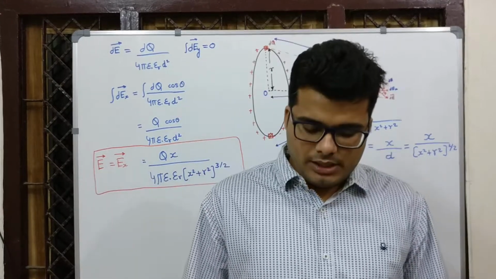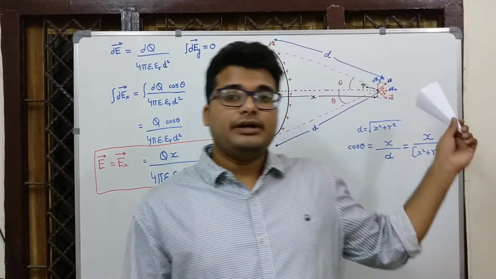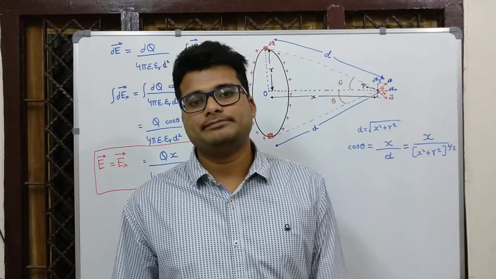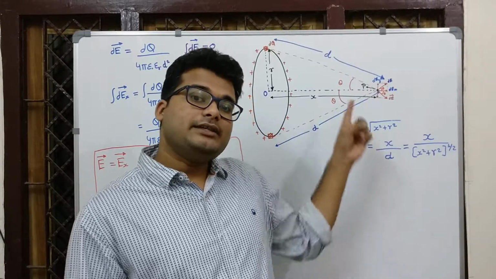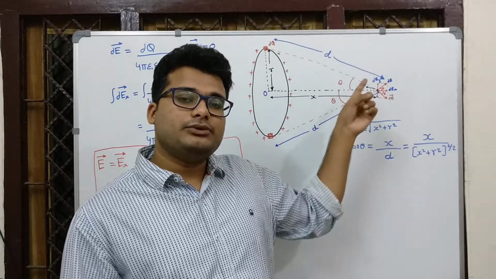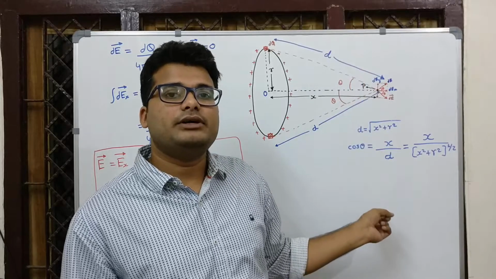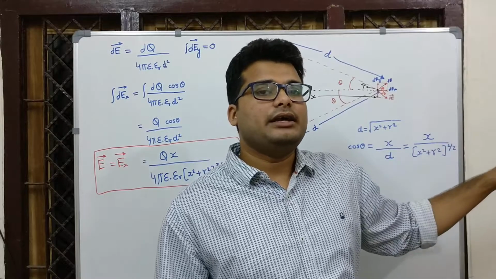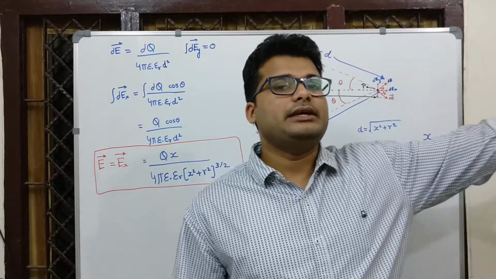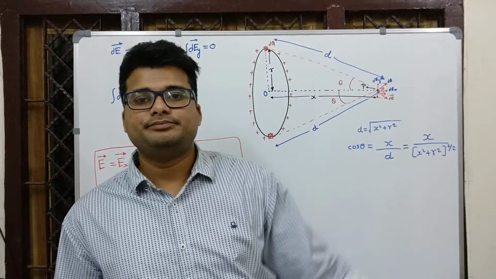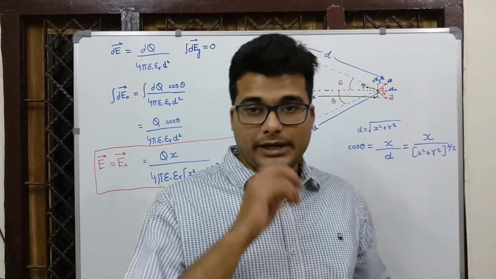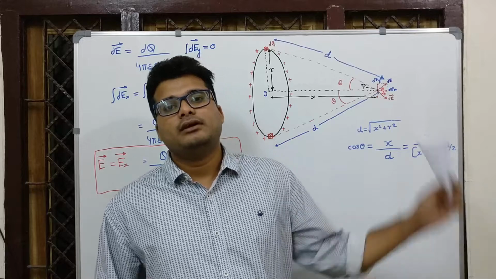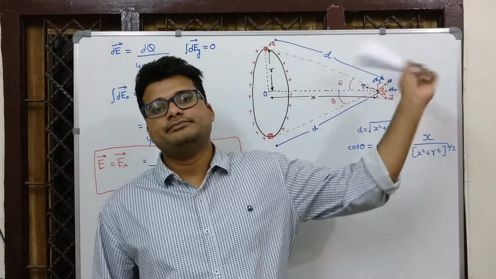Now dE has two components over here. If you can see in my background, it has dEy and dEx. If I take the similar element just opposite to the element above, a dq element downwards, it will have electric field intensity making some angle theta, and again it has a dEy component and a dEx component in the x direction. Now can you see in my background that the Ey components are getting cancelled because of symmetry?